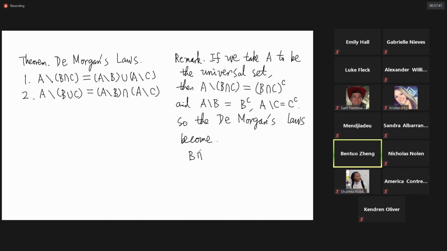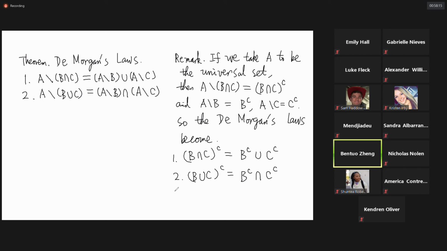That is, B intersect C complement is equal to B complement union C complement. So this is the first. And the second one is B union C complement is equal to B complement intersect C complement.